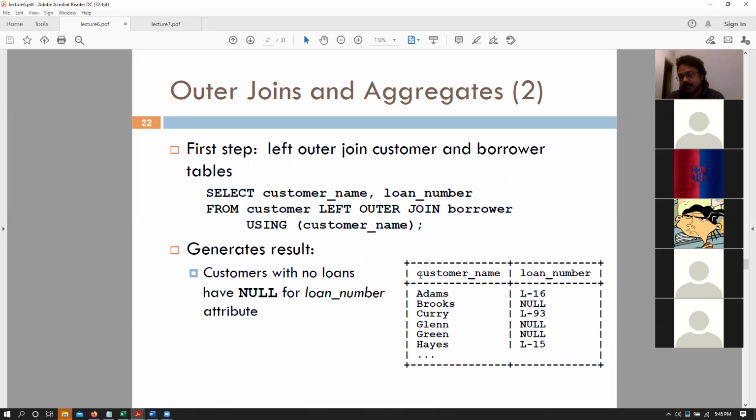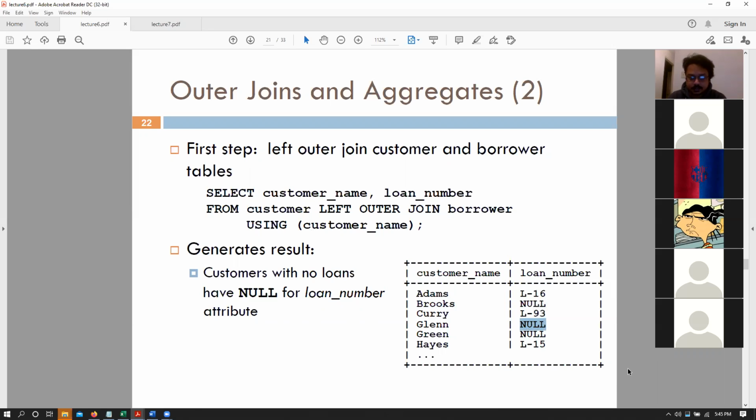And this would look something like this, where we would have customer name and loan number, Adams, Brooks, and their corresponding loan IDs. And a person can have multiple loans, so Adams would have duplicate results, and Cuddy would have duplicate customer names for different loan numbers. And if a person has no entry in the corresponding borrower table, that ends up being null, right?